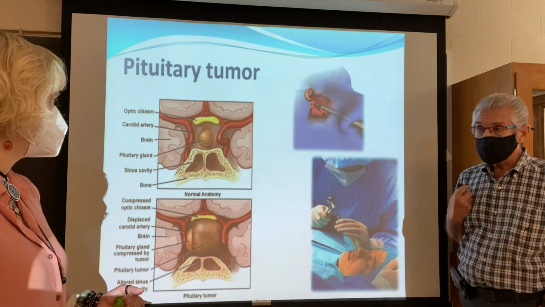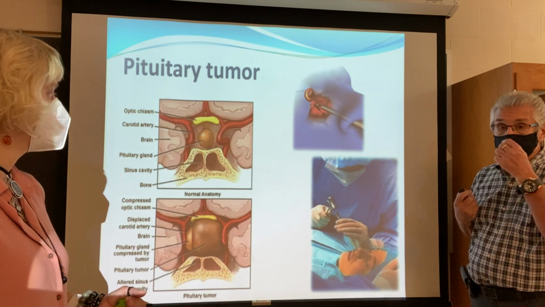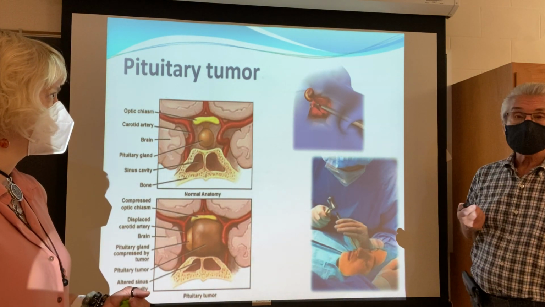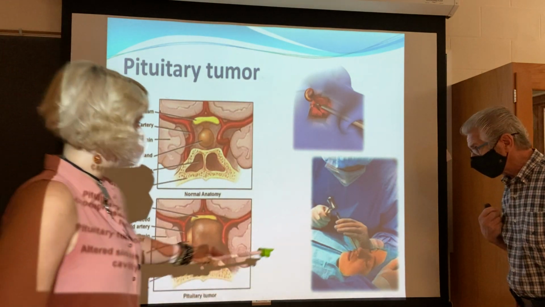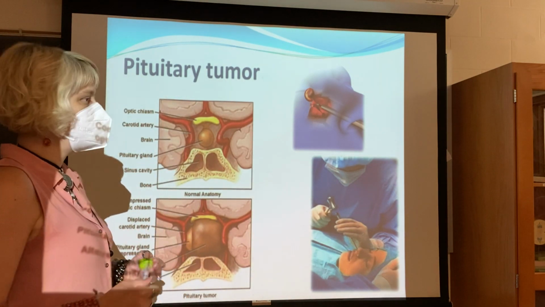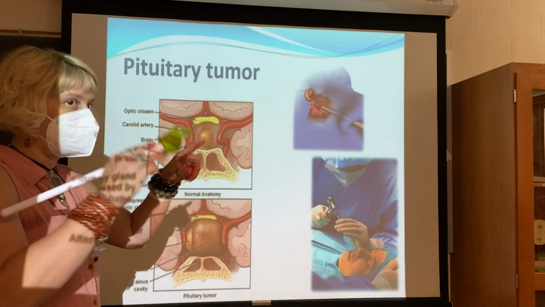They're epithelial tumors. In most cases, they are not metastatic and can be dealt with, but they can cause tremendous problems. And the only way to enter is intranasally, since the gland is in the deep recesses, as you know, sitting on top of the sella turcica, which is part of the sphenoid bone.